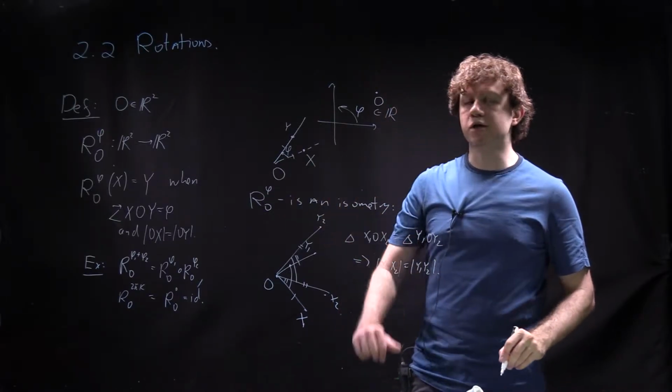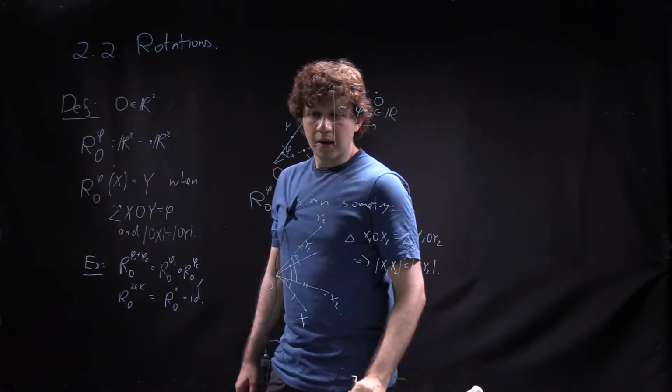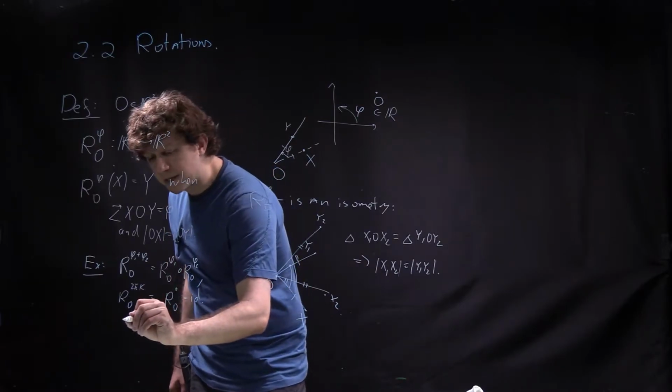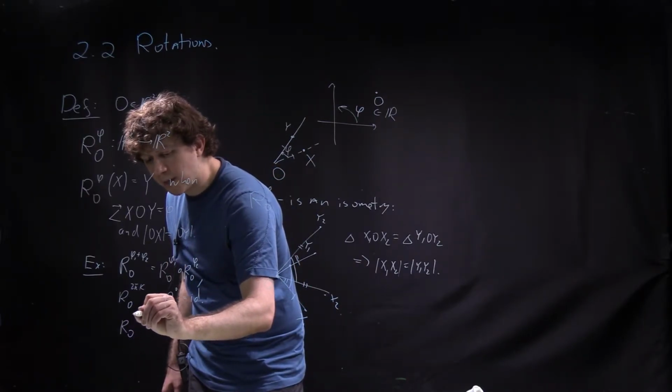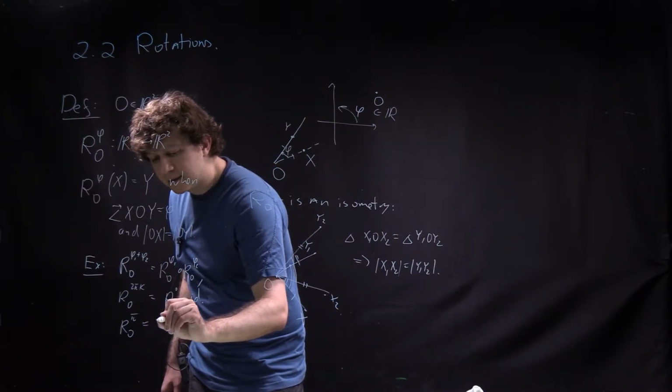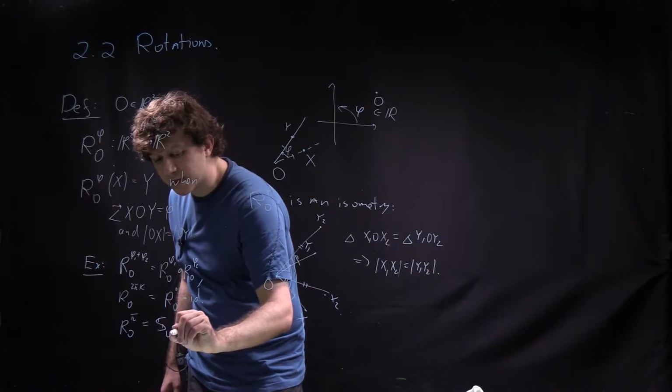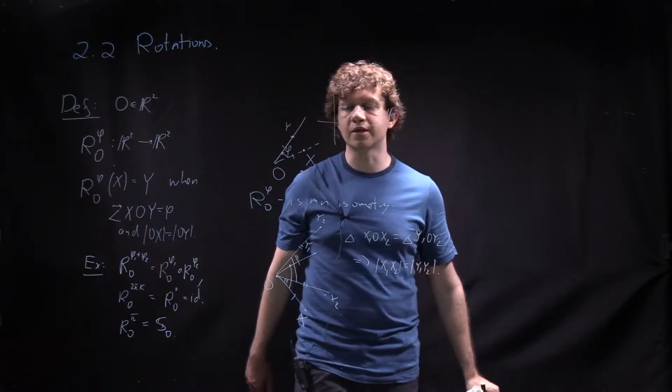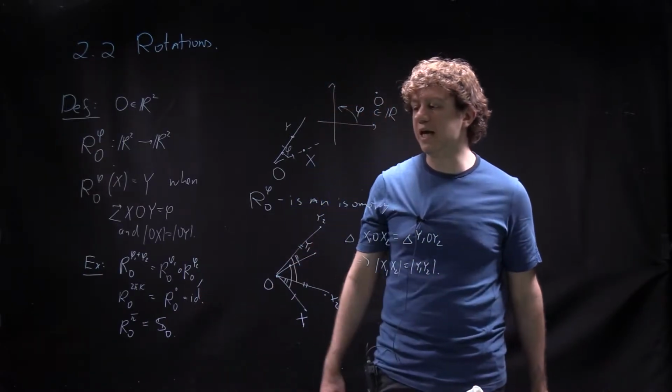So we see that rotation is an isometry. And by the way, another important example is that a rotation by angle pi is the same thing as central symmetry. So central symmetry is a special case of a rotation.